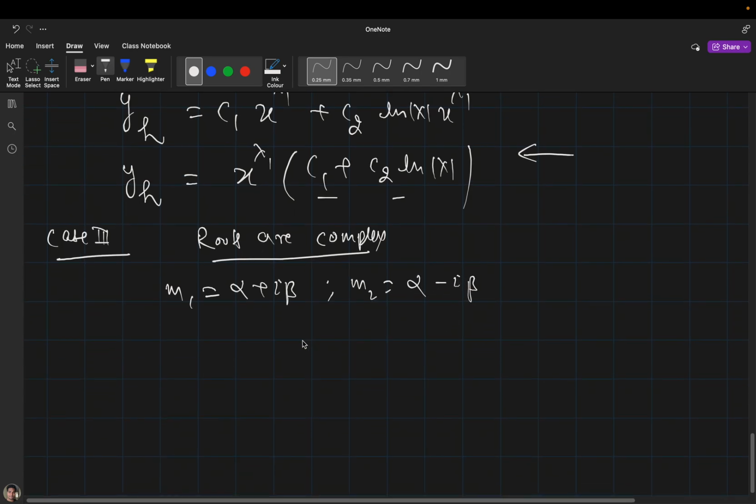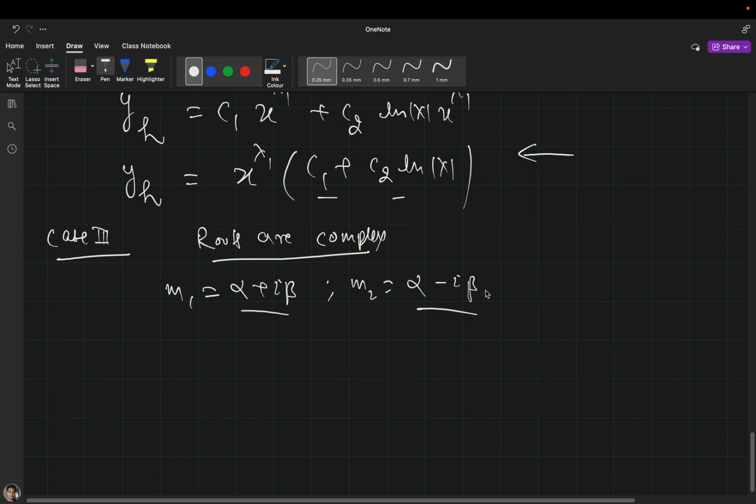Can someone tell me why complex roots are like this? Why do I always write alpha plus i beta, alpha minus i beta? Why are both complex roots in this form, a plus minus ib?